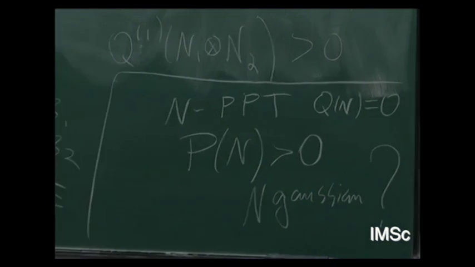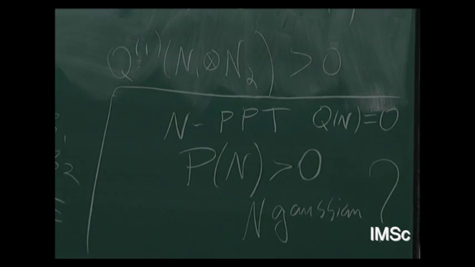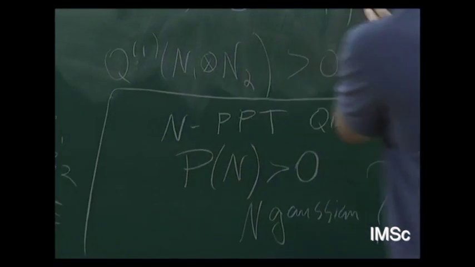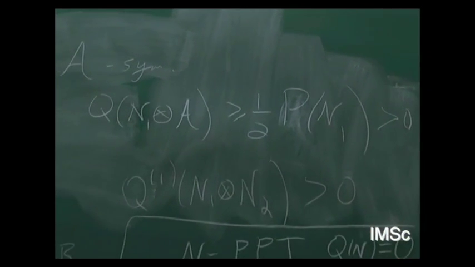In order to try to figure out whether we can answer this question or find such examples, I think it's good to look back to the discrete case again and ask, what are these classical channels that have positive private capacity and are entanglement binding?